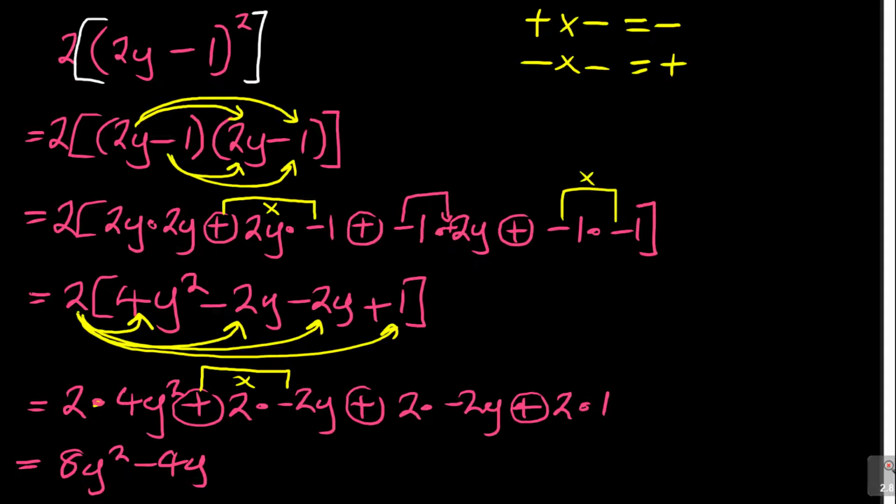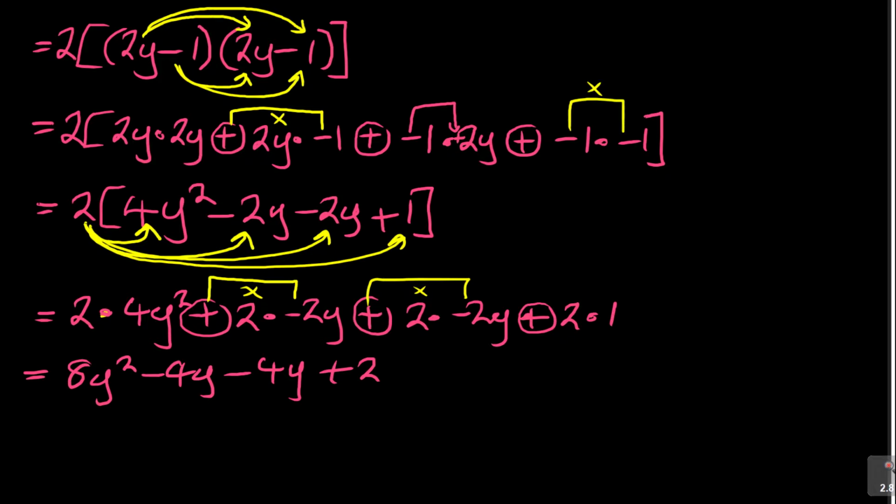Again here you have a positive multiplied by a negative. Again it's negative 4y, and then 2 times 1 is plus 2. Are you with me? Then at this stage you finalize it and say, don't leave it like this. It's 8y squared, as long as you see like terms. Look at this one and look at that one. What's the variable?